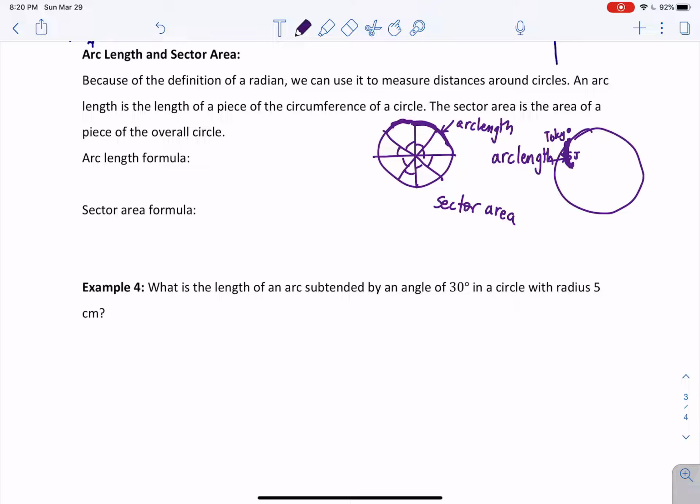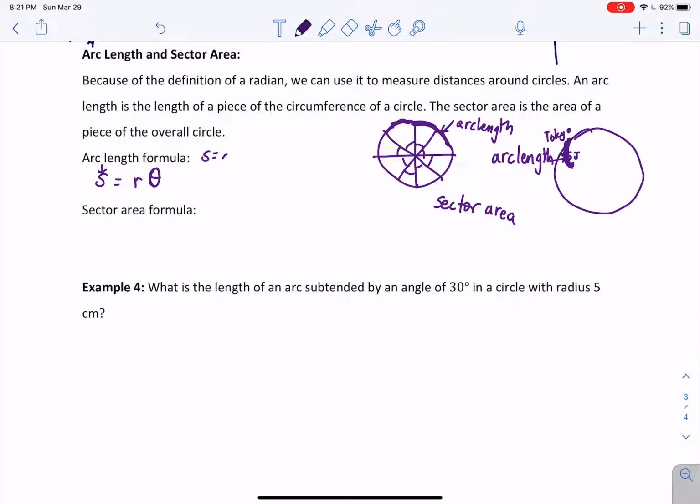Arc length is usually specified as S. S is arc length, and that equals the radius R times theta, the angle. So it's just taking that angle and multiplying it by whatever radius your pizza or your circle has.